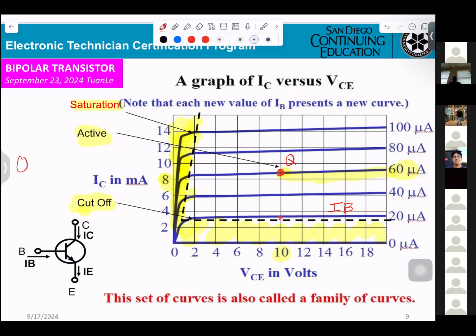Hey, Mr. Pham, so we can also tell what beta is too, right? We can look at the IB and the IC and divide IC by IB and we'll know beta. Is that correct? Yeah. That means if I give you a Q point, you're able to identify from this graph what IB equals, what IC equals, what VCE equals.